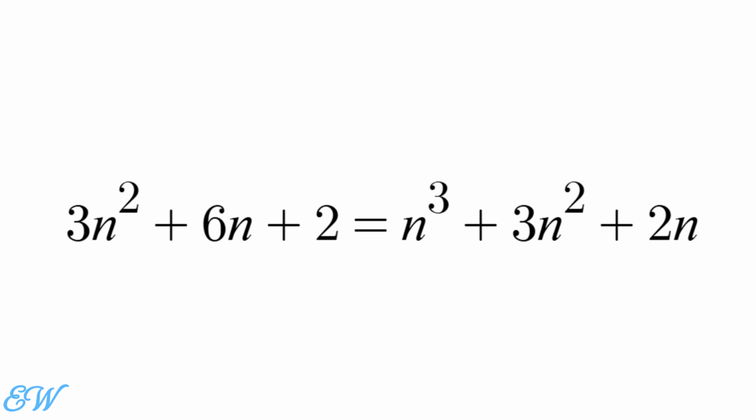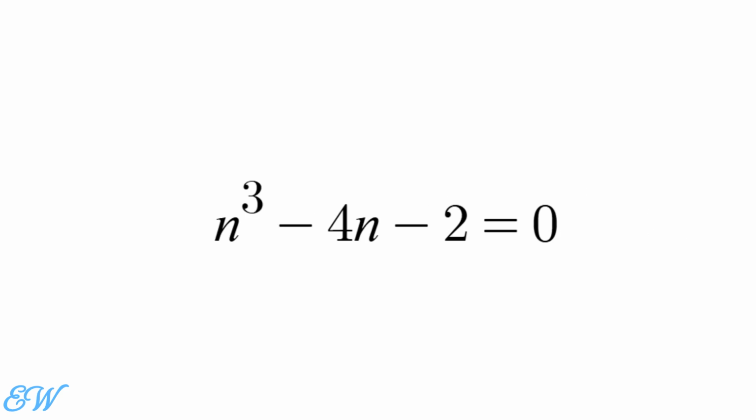We can then multiply the denominator on both sides in order to get rid of the fraction and simplify. Then we get all the terms on one side to get this equation: n cubed minus 4n minus 2 is equal to 0.